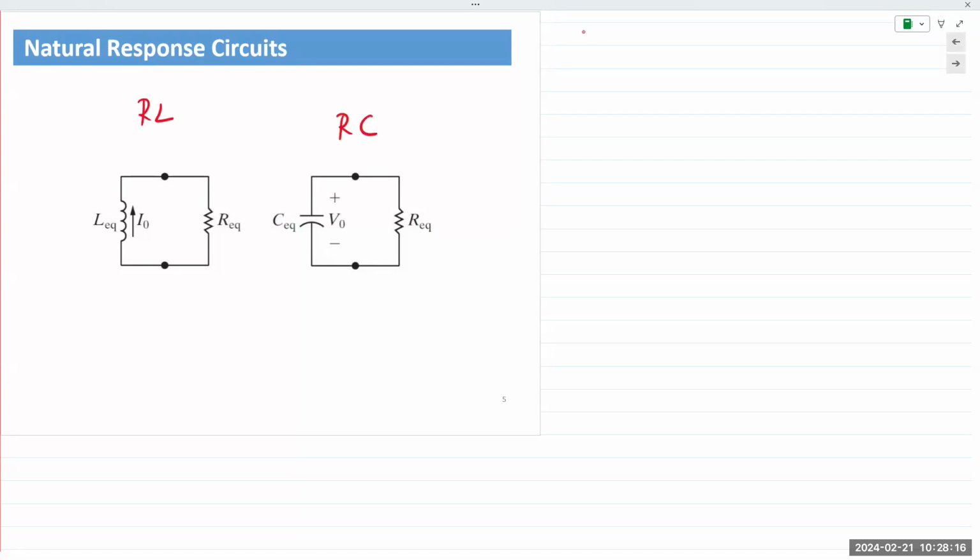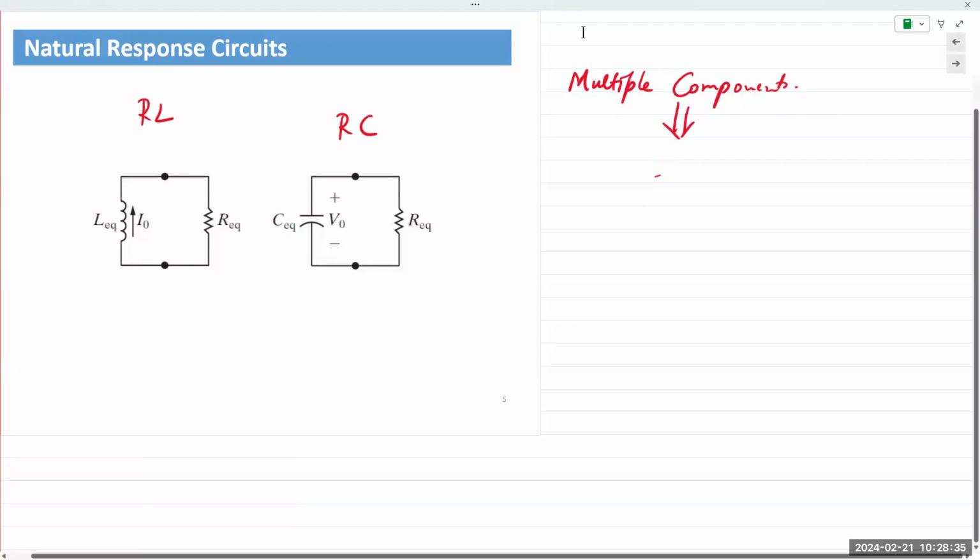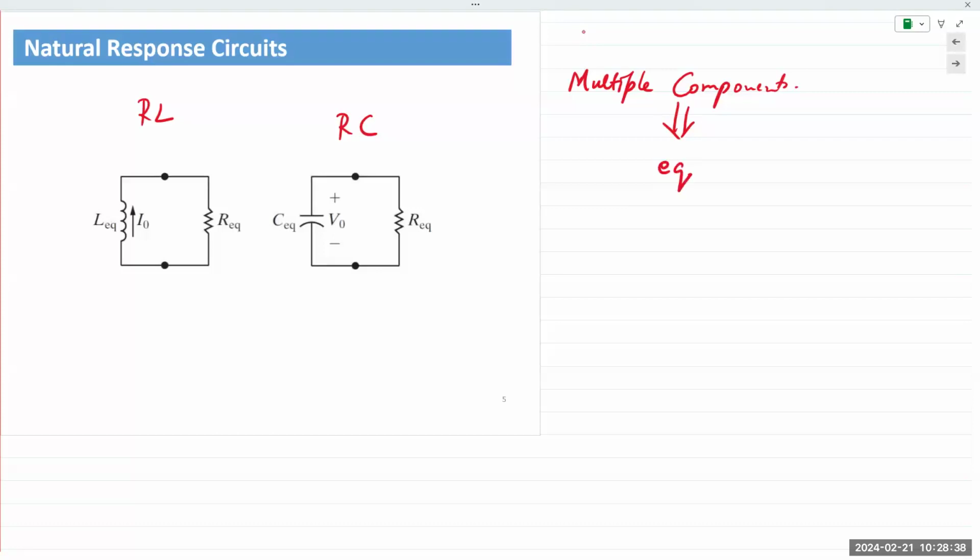The EQ simply notes that if there were multiple components, then we have reduced those multiple components down to one single component. Simply find EQ, subscript EQ, the total equivalent value. So again, RL is simply L_EQ and R_EQ, and capacitor C_EQ and R_EQ.